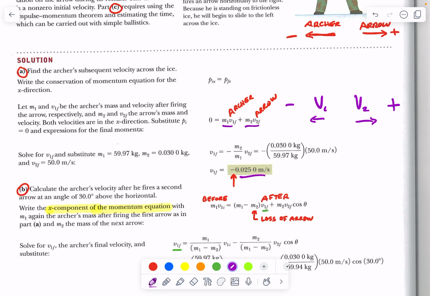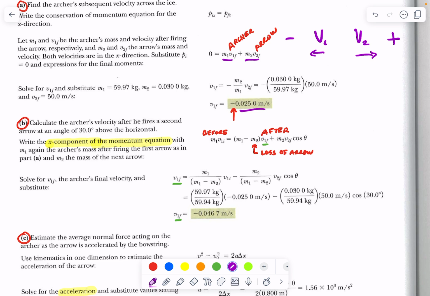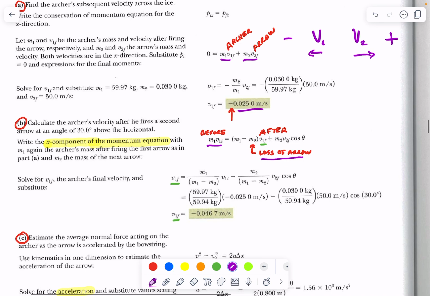Now, let's say that while the archer is still moving to the left, and that's an easy thing to overlook in this problem, we move to part B. While the archer is still moving to the left, the archer is going to fire another arrow. So the archer is going to have a certain amount of momentum to begin with, and the other arrow is long gone. And then the archer is going to shoot another arrow, and that means that the archer's mass is going to go down by the mass of one arrow that's in the little bag in the back where the archer has all of his arrows.